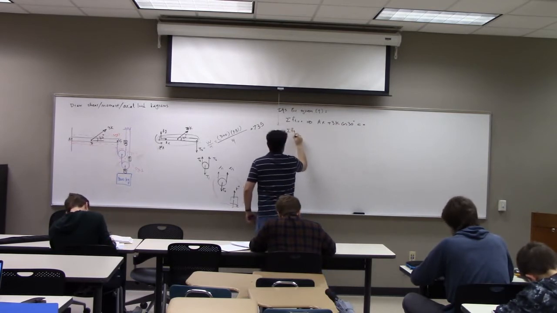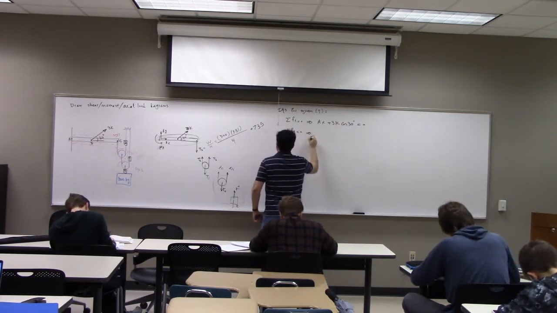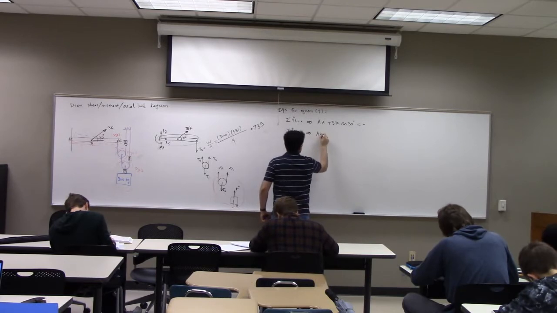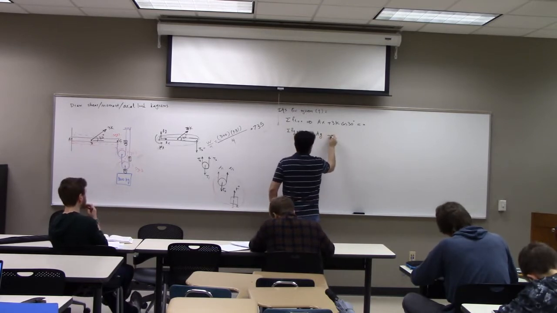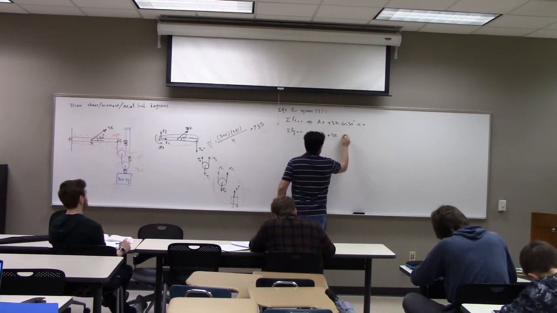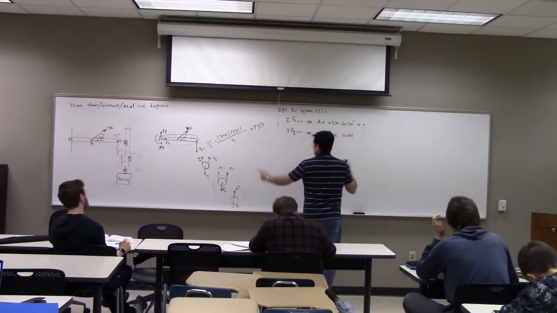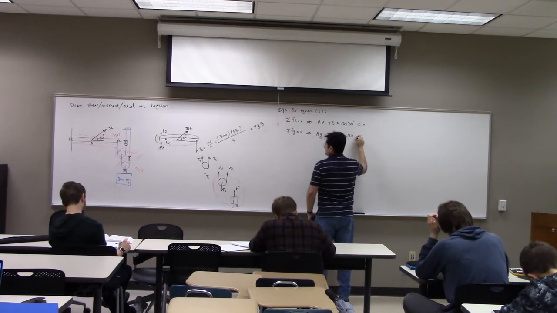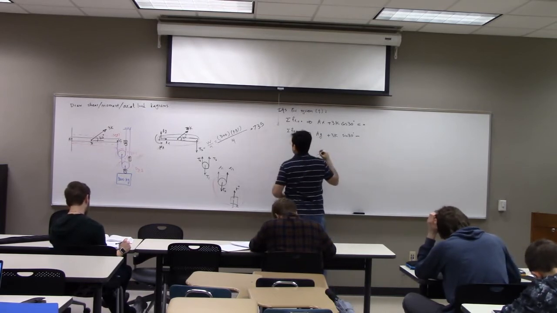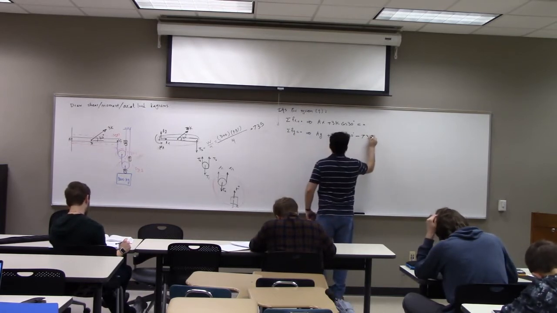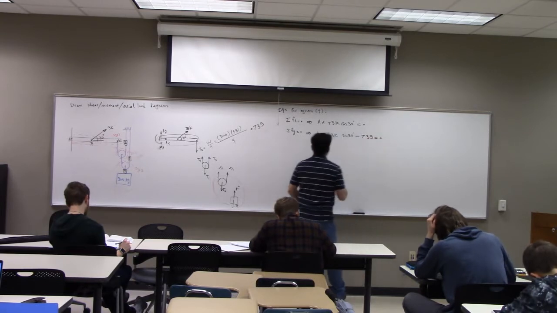Summation of forces in y gives you AY plus 3k sine 30 negative T2, which is 735, equal to 0.